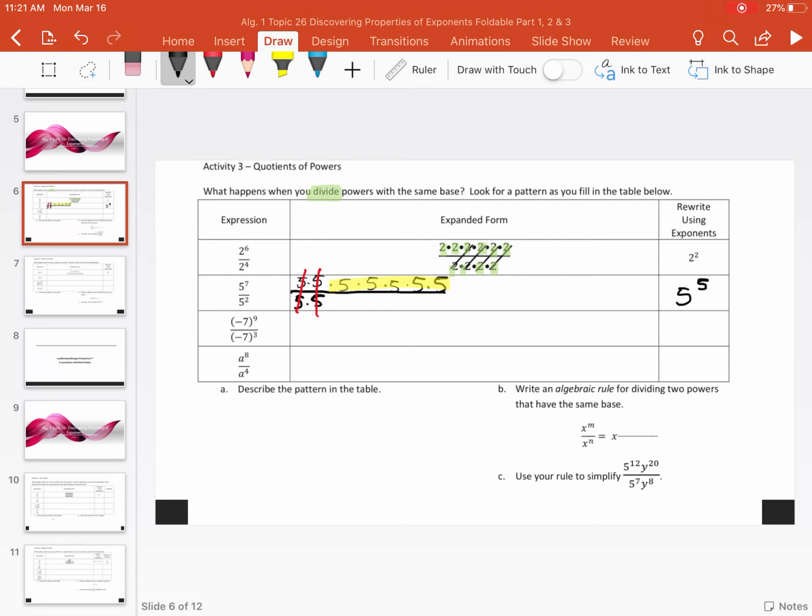Now we can do the same thing with negative numbers. Again, I like to write my negative numbers in parentheses, so that it is easier to identify that we're talking about this entire quantity, in this case negative 7.